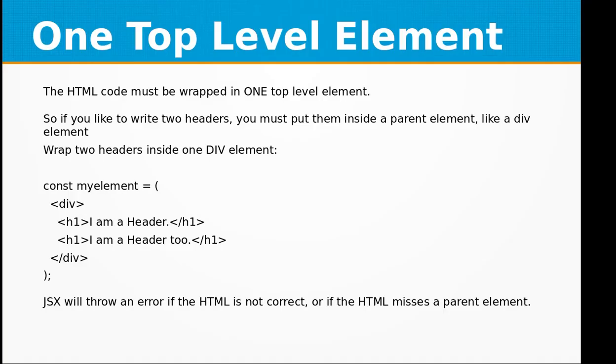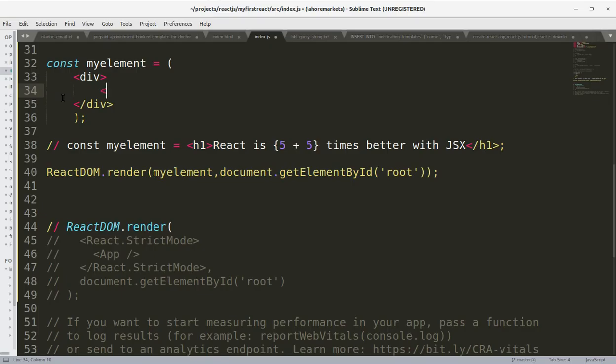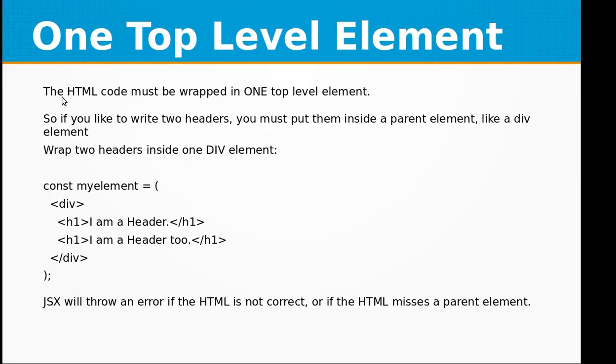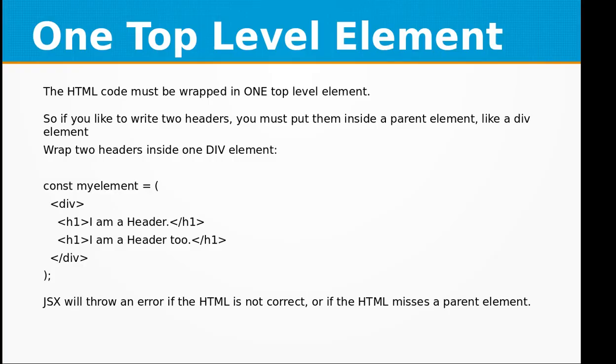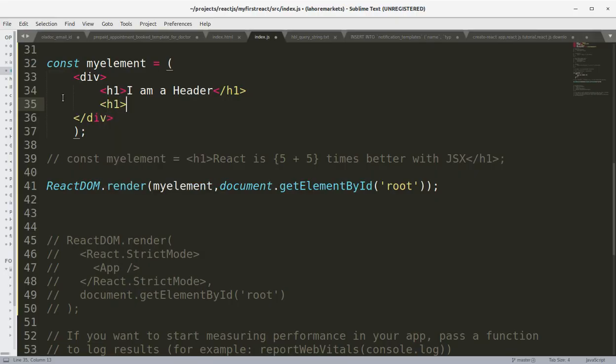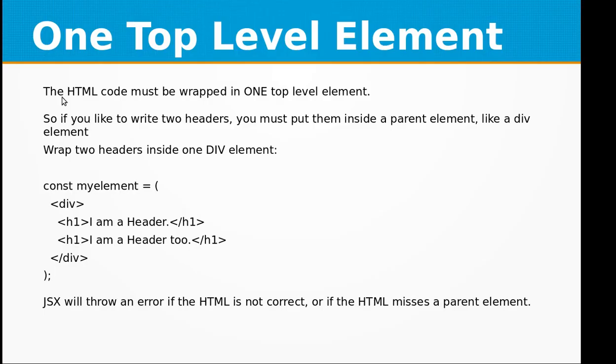Okay, and then you can have 2 h1 tags. I am a header, the first h1 tag, and I am a header 2, and this one is the second h1 tag. Let's close the parent div.